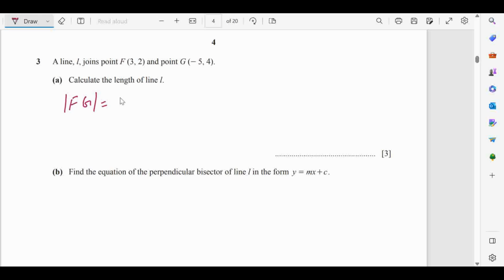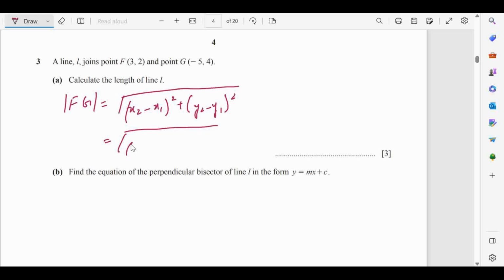We know the formula: the square root of x2 minus x1 whole squared plus y2 minus y1 whole squared. So x2 is minus 5 minus 3 whole squared plus 4 minus 2 whole squared.